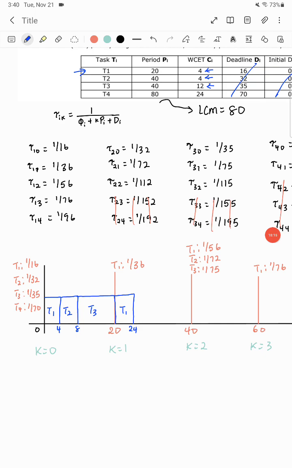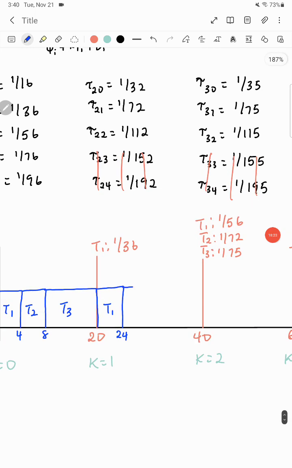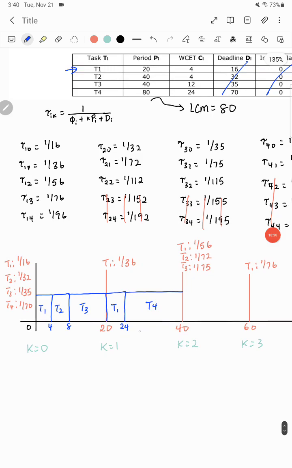So now T4 has a period of 24. So basically the entire code block, T4. But now, we know the entire code block here is actually 40 minus 20, that is 16. But T4 has a period of 24.